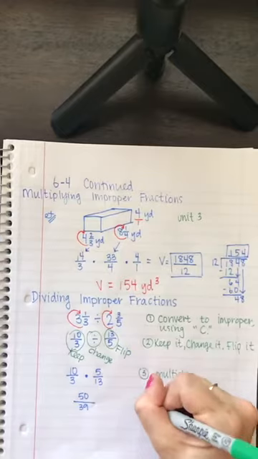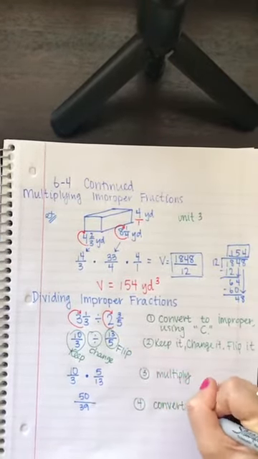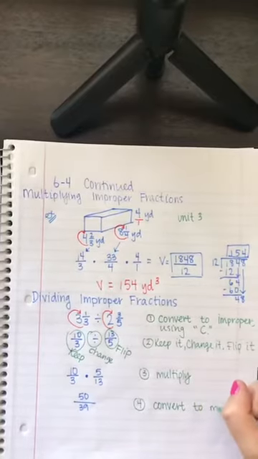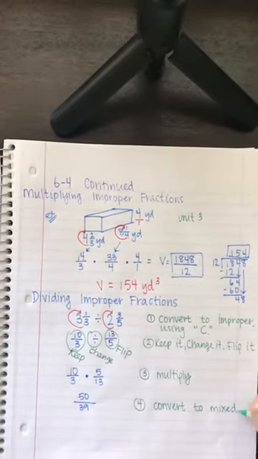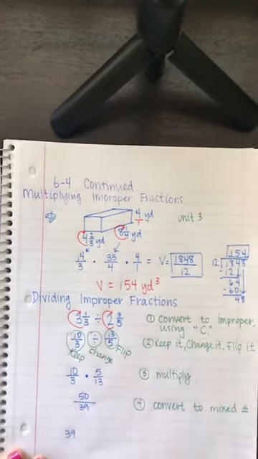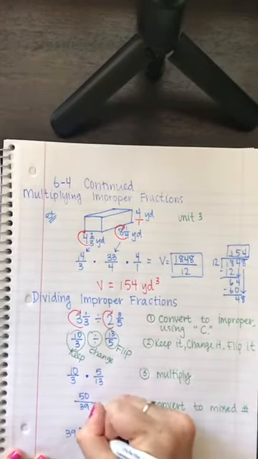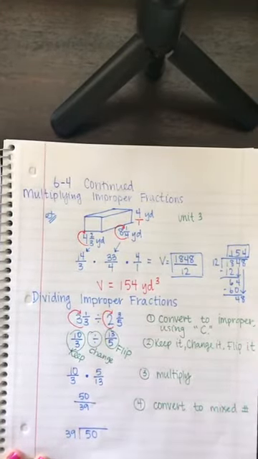So my last step is to convert to a mixed number. Okay, so I'll do that by 39. My denominator comes to the outside of the division problem here, and my numerator goes inside.